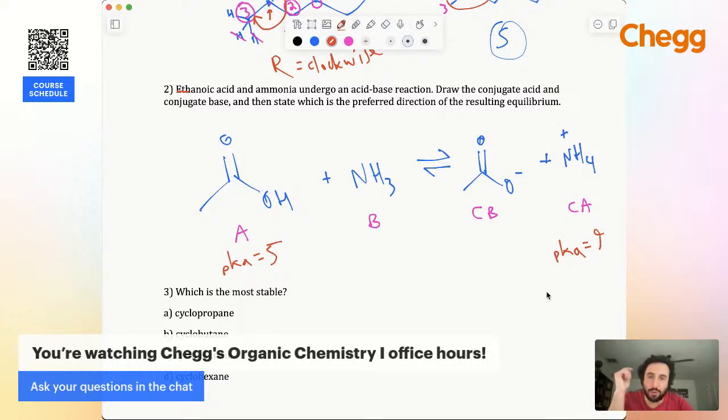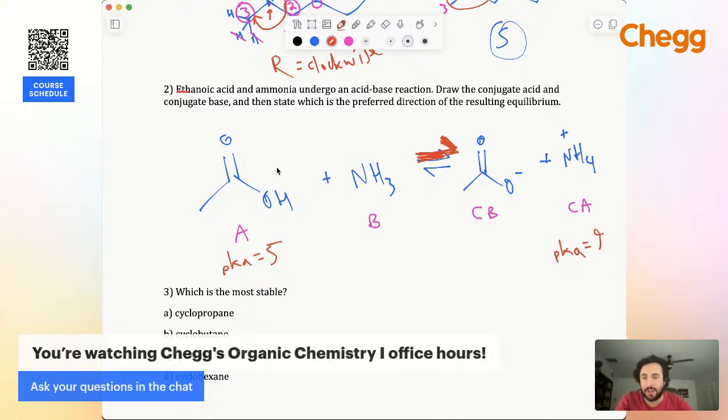The side of the equilibrium that is favored is going to be the side with the weaker acid. So this is the side that's going to be preferred because it is a weaker acid, so it has less impetus to react.